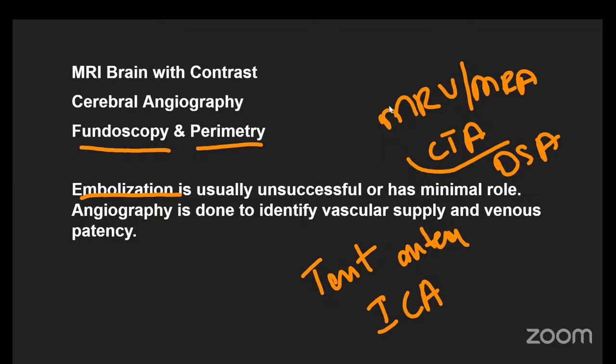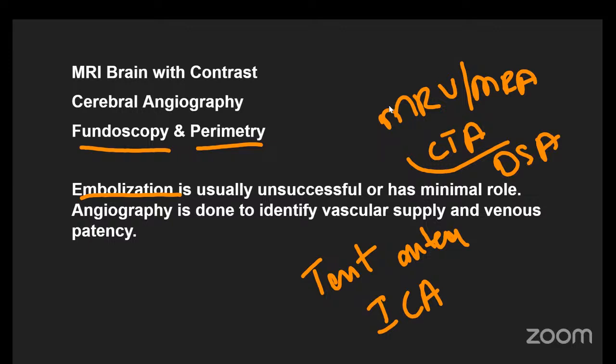So the supply is usually mixed. And usually it's really difficult to target the feeders successfully. They are usually deep or relatively inaccessible. So the success rate is not very high as far as the literature is concerned.